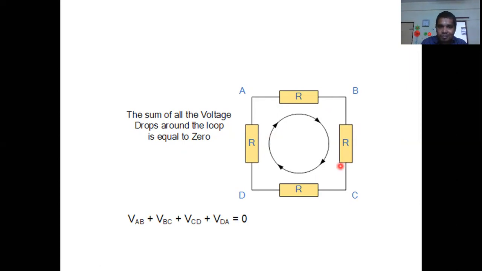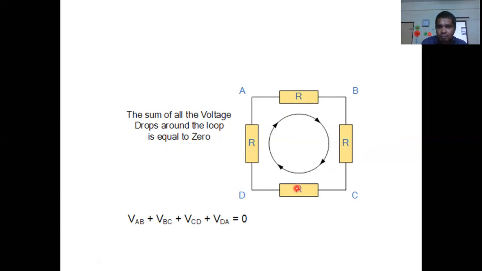So here, according to the Kirchhoff's voltage law, the sum of all the voltage drops around the loop is equal to 0. That means the voltage across each element connected in this loop. Each element means here one R, here one R, here one R, here one R, so 4 elements.